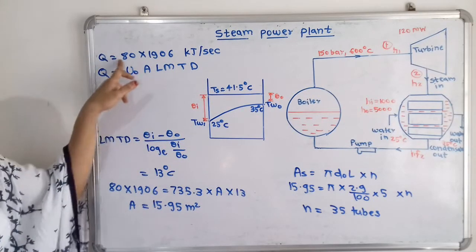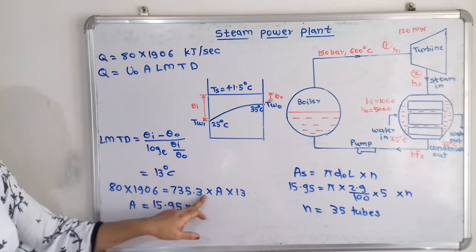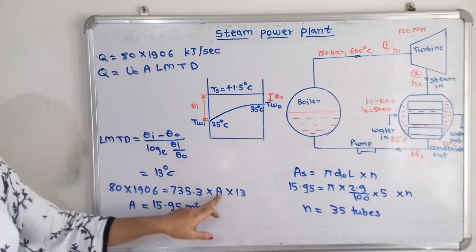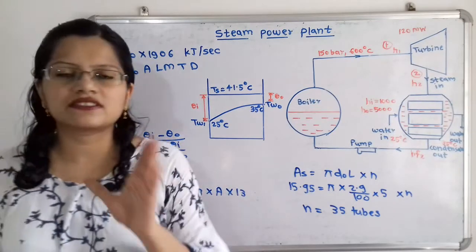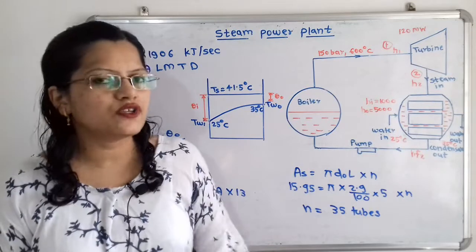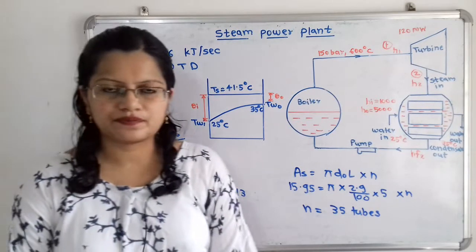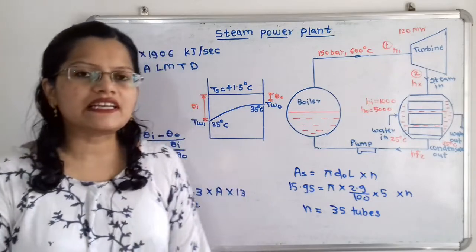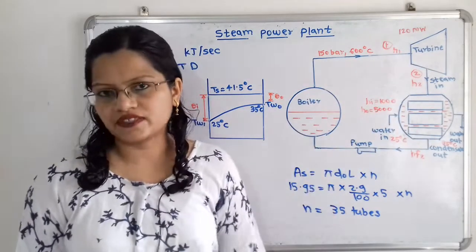This Q is already calculated, Uo is 730.3, A is unknown, and LMTD is 13. So the area, known as the surface area of the tube, is 15.95 meters square. How do we define this surface area of the tube? This is the outside surface area.